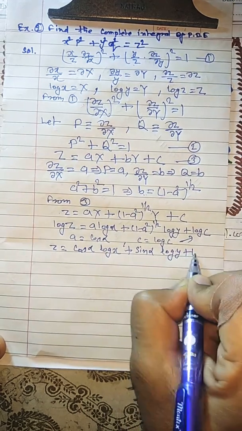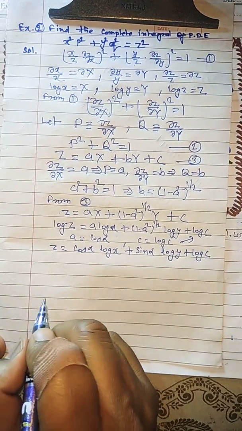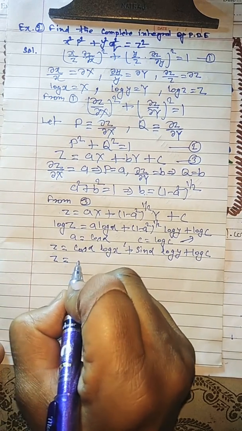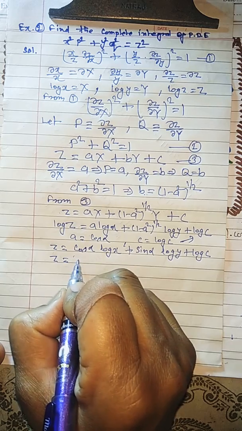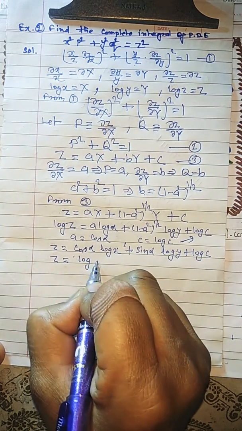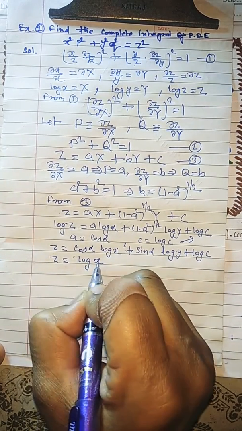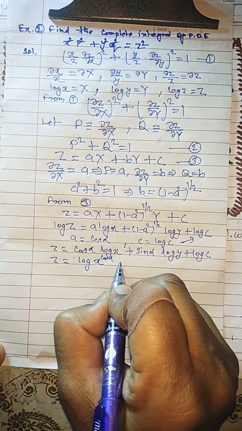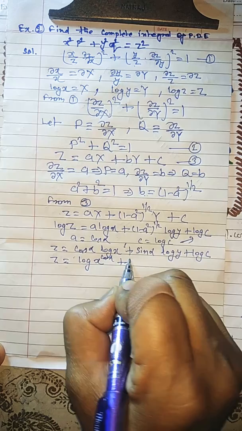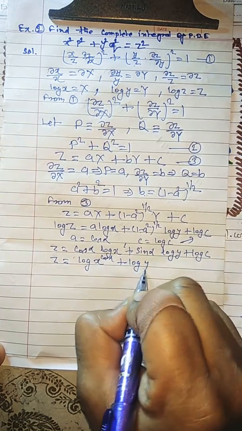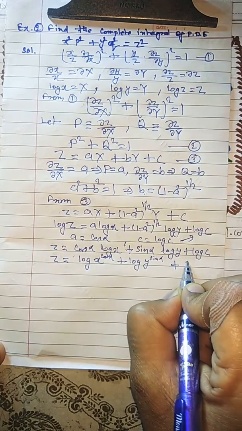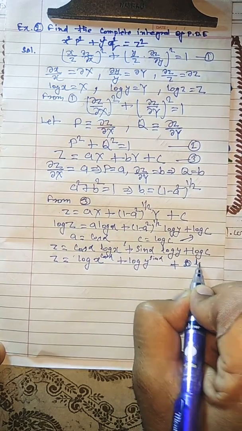Plus log c, and we can simplify it and write log z equal to log x to the power cos alpha plus log y to the power sin alpha plus log c.